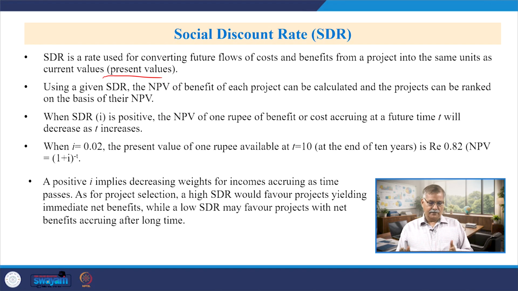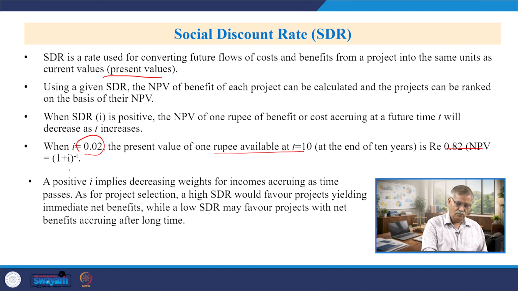For example, if i is 2%, 0.02, then the present value of 1 rupee available in the 10th year will be 82 paisa. The simple formula is (1 plus i) raised to the power minus t. So a positive discount rate decreases the weight for the income accruing as time passes.